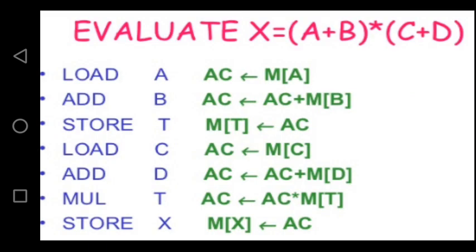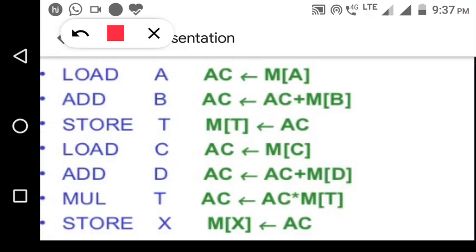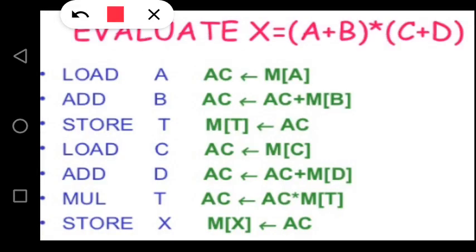Now we will see, in the case of a computer that supports one address instructions, how you would execute this. How will you evaluate this expression is the question. We will see how it is evaluated.